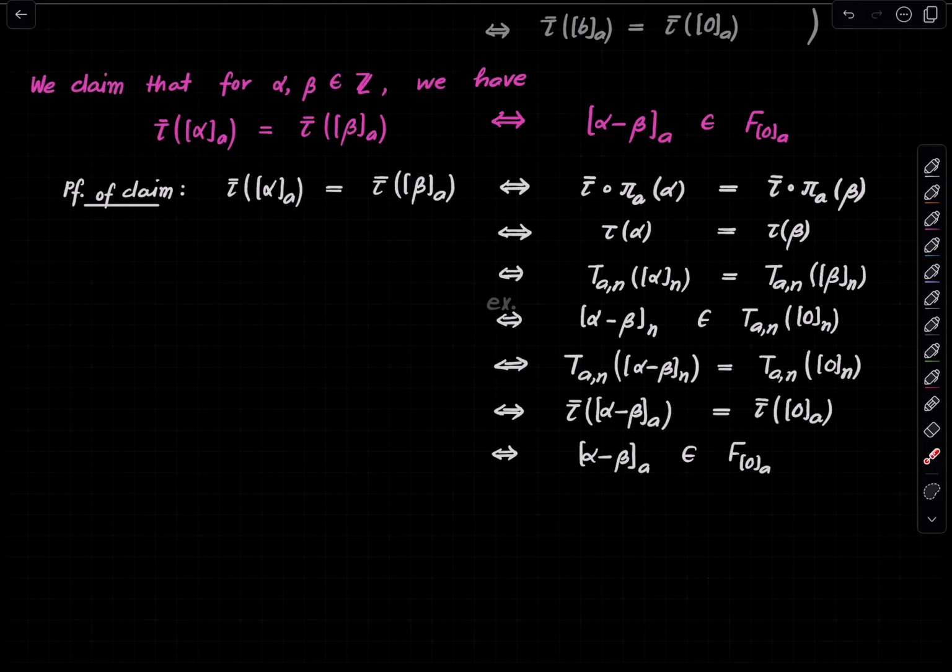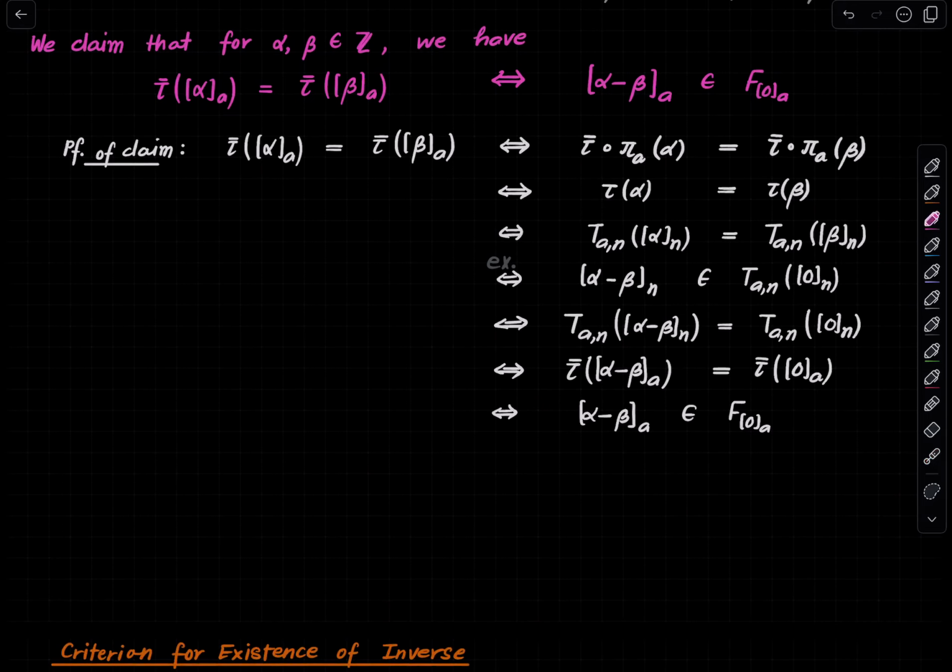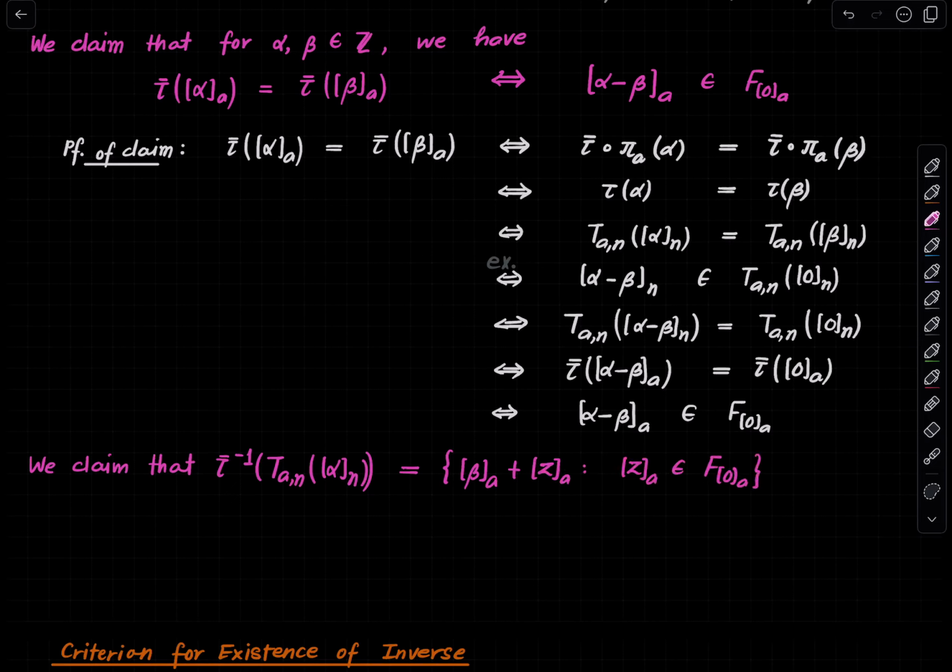Okay. And now from that, the second claim. So now we claim that the fiber above the trajectory of alpha modulo n is nothing but that set.